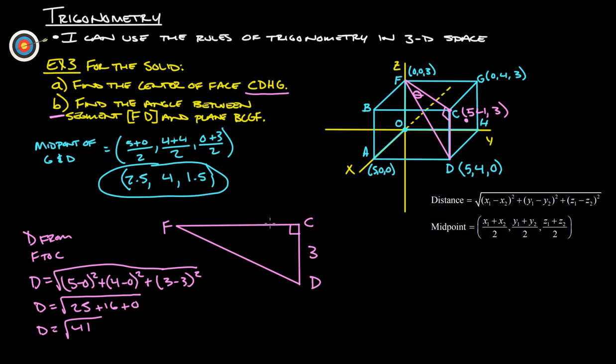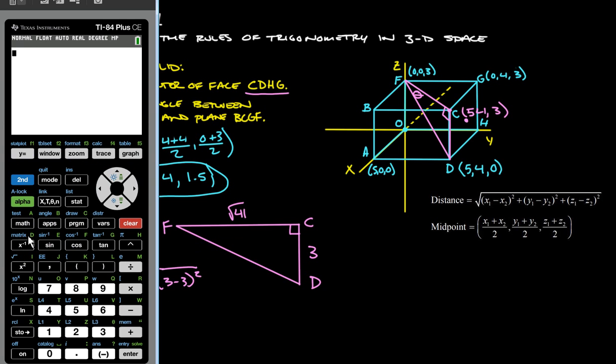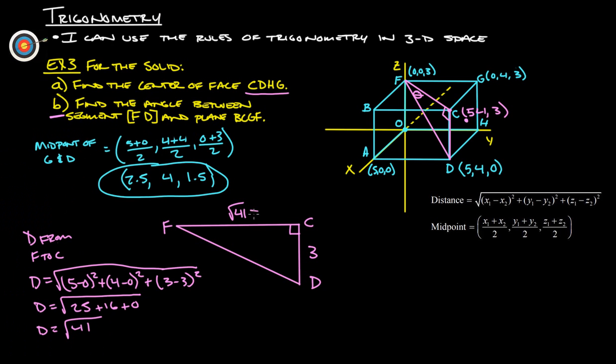I'm just going to leave FC as the square root of 41. We can simplify that over here just to see what it looks like, for a real world idea. The square root of 41 equals 6.4 basically.